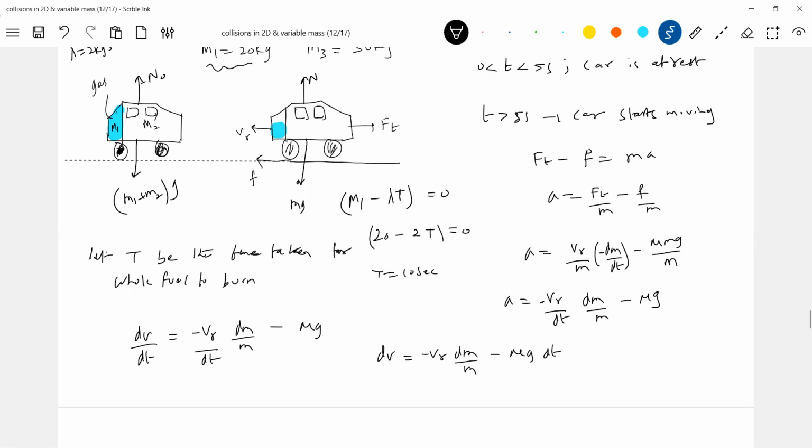Now the limits you have to be careful. Rocket propulsion concept only, I've just applied it here. Initially, at t equals 0, what is the velocity of the car? It was at rest, no? This is after some time t. Initially at t equals 0, shall I start it, or should I start at t equal to 5 seconds?